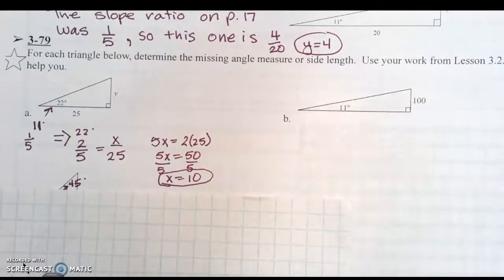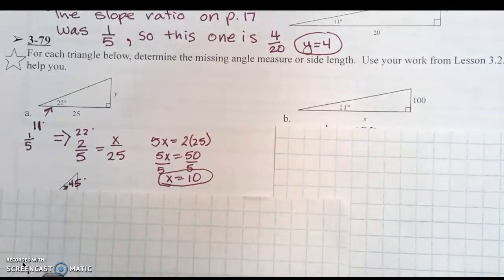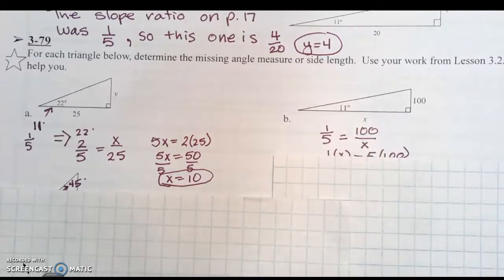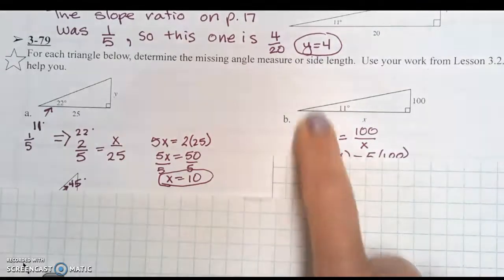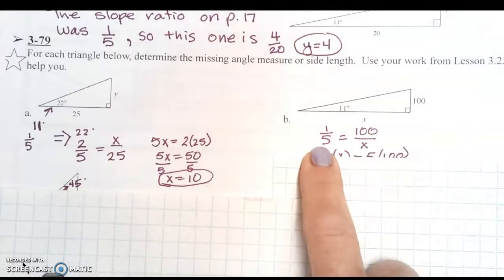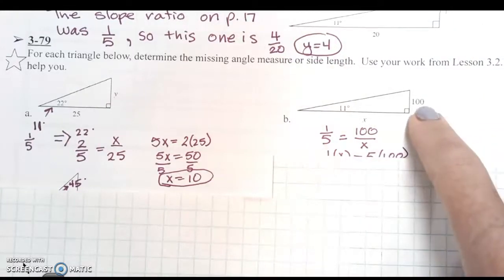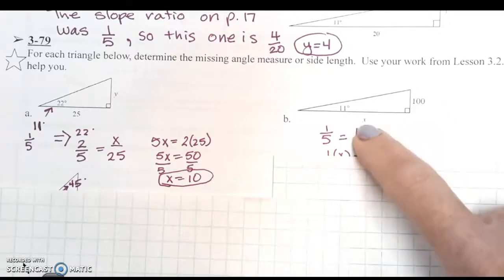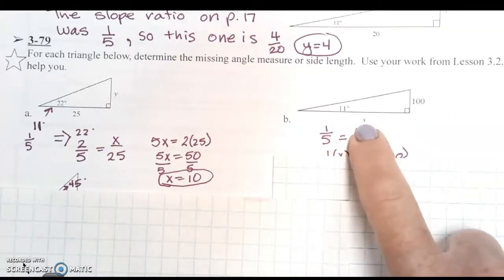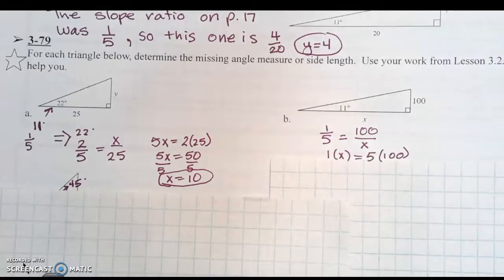Okay, let me show you B. All right, so over on the right we have problem B. This one's 11, just like question 78 was. So the sides should be in the ratio of 1 to 5. We have 100 as the opposite side, and the side we want to figure out, I'm going to call x.